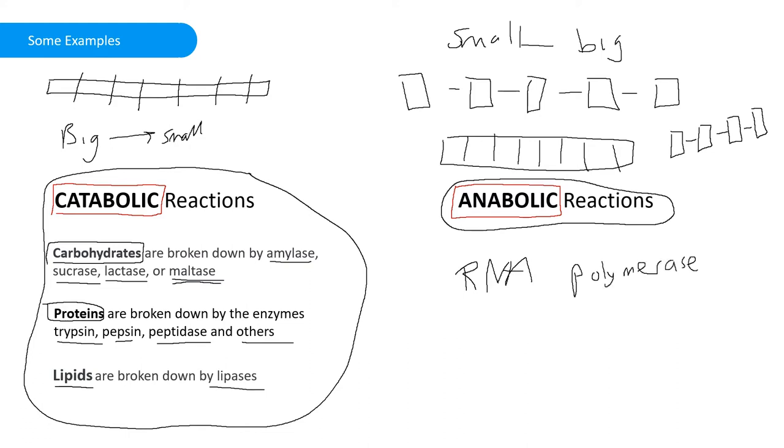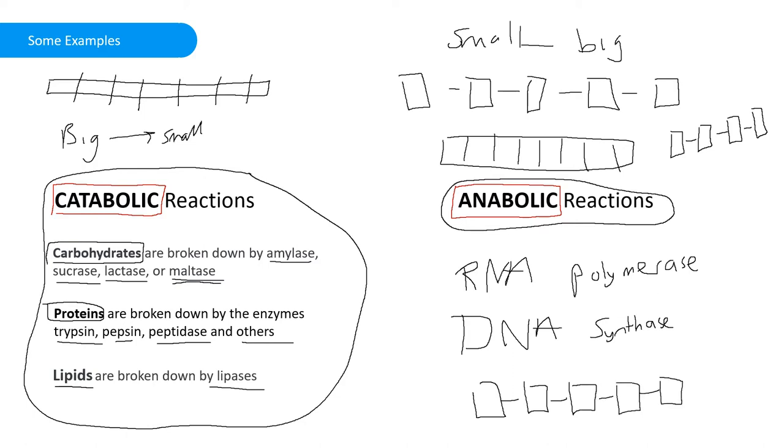The thing that helps out with the creation of the mRNA strand in protein synthesis, something that we talked about in the first lesson, or even DNA synthase, when DNA replication occurs. So they're basically chaining nucleotides together to make either RNA or DNA.